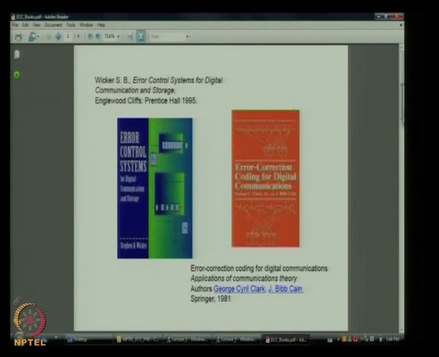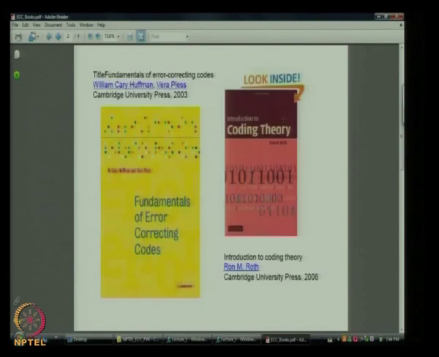From that point of view, this book, for example, is algebraic. It does not consider the modern coding theory viewpoint, simply because it was written a little before modern coding theory took its current place. Similarly, the same is true of this book, except that it is written, as I just explained, in a not so mathematical manner.